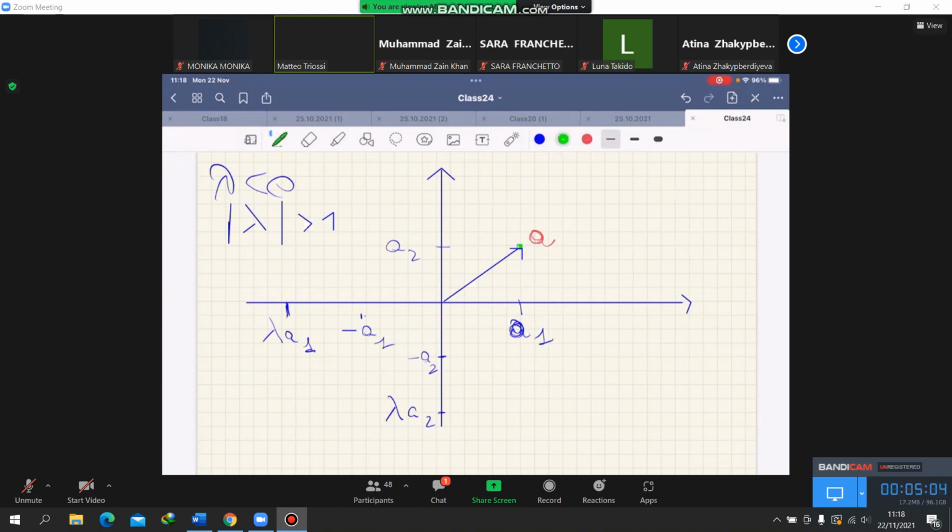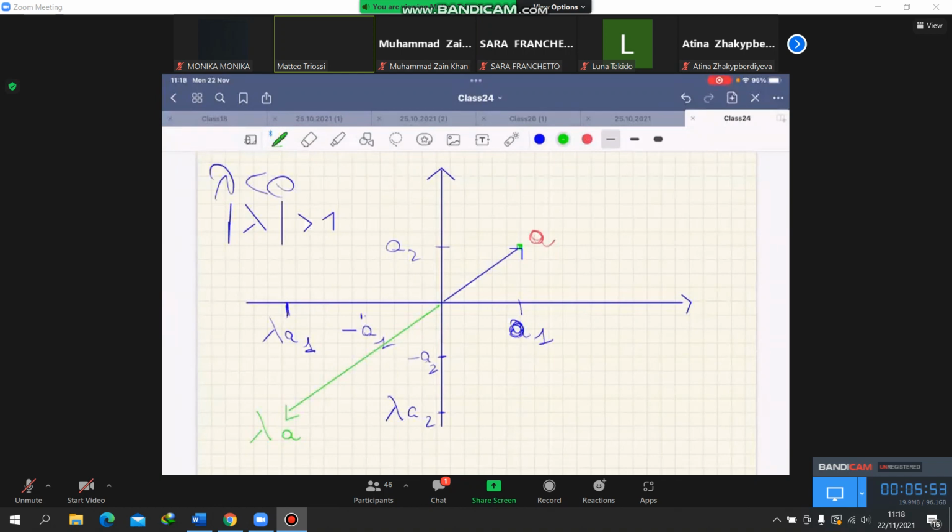So my lambda A will be here. So you take the verse of the vector, you expand the vector, in this case, because the absolute value of lambda, which is also called the module of the vector, is greater than 1.